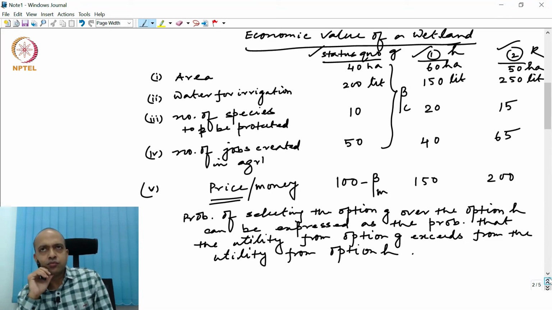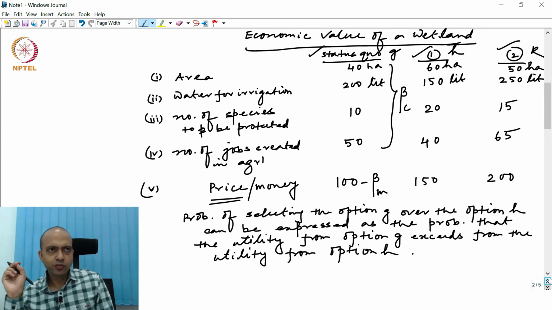See, if you recall, we discussed in the context of contingent valuation method that its main problems are two. One is the hypothetical bias and the other one is the strategic bias.